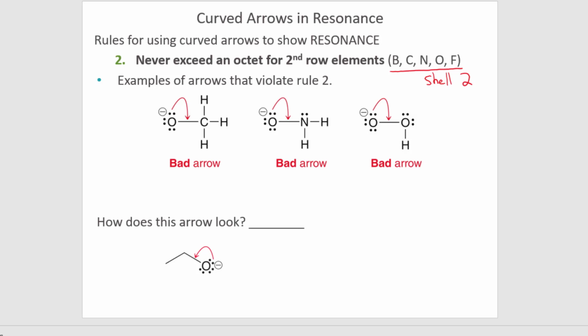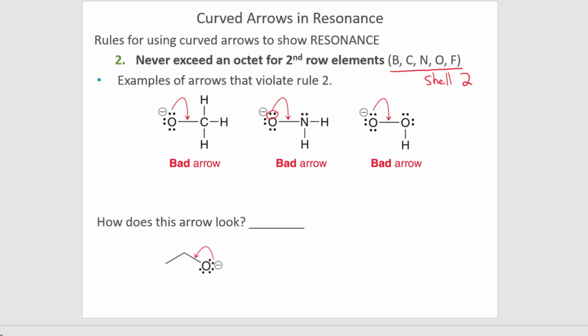Here are some examples of bad arrow pushing. Someone's trying to show a resonance. You take these electrons and make a new double bond between the oxygen and the carbon. Well, if you do that, carbon's going to have more than 8 electrons. Same thing here: take these electrons and make the pi bond between oxygen and nitrogen. Well, you can't do that because nitrogen already has an octet.